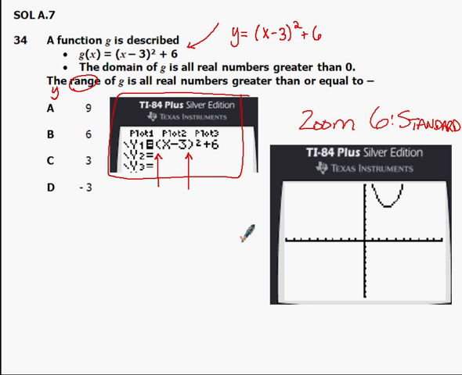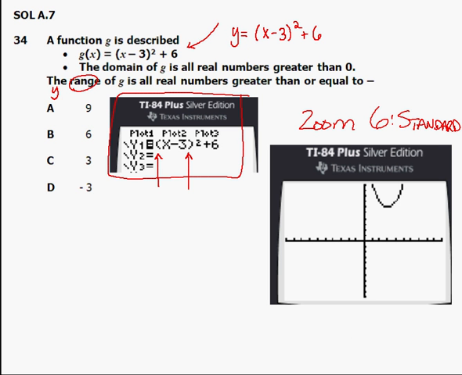Remember that if you have any plots that are highlighted, such as plot 1 or plot 2 or plot 3, the calculator probably will not let you graph and see what you want to see. So make sure all of those plots are not highlighted. You can arrow up and press enter to get them unhighlighted. So you want your screen to look exactly like mine looks right now.